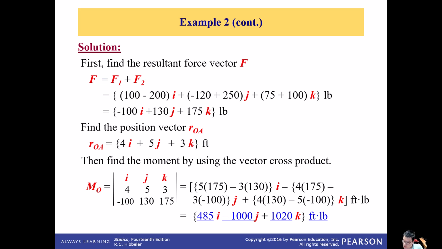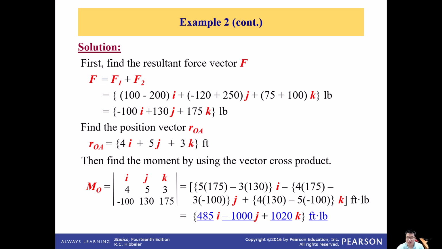So here is a cross product, and also here's the process to solve this cross product. The final one will be 5 times 175 minus 3 times 130, that's for the i direction. And minus (4 times 175 minus 3 times negative 100), that will be for the j direction.